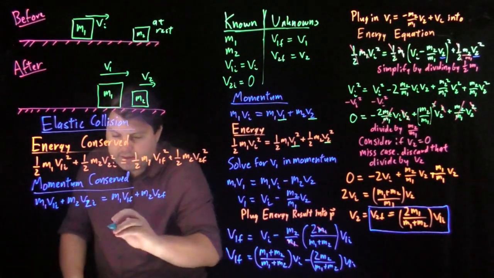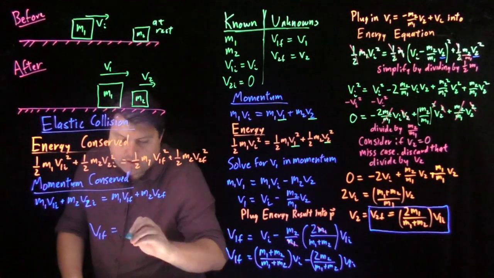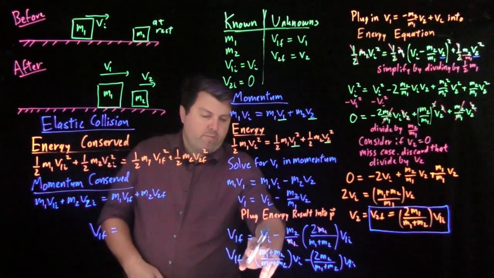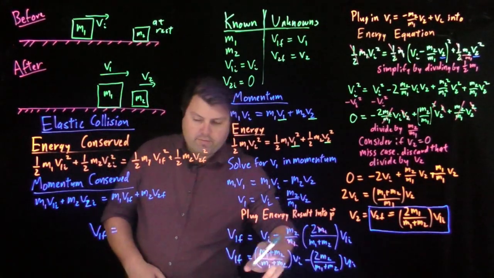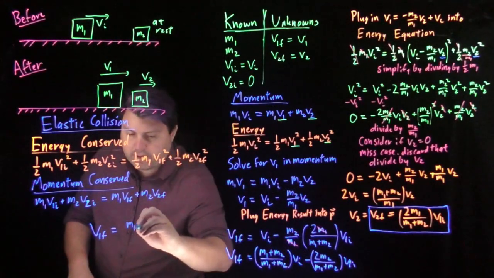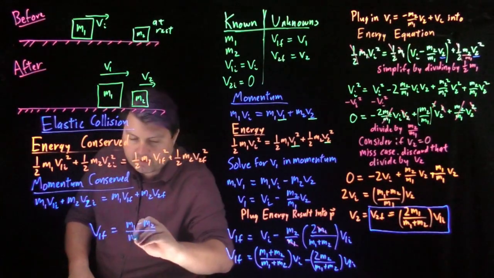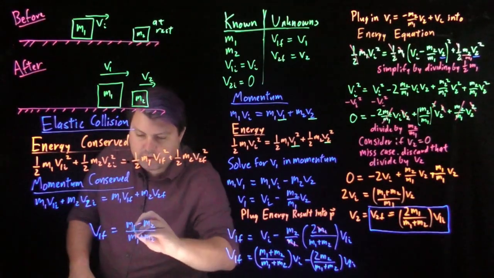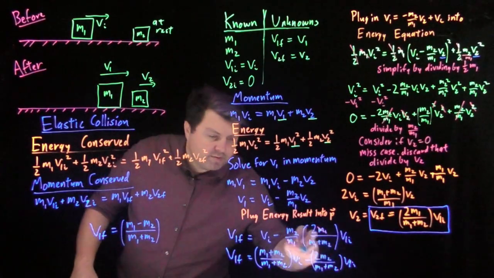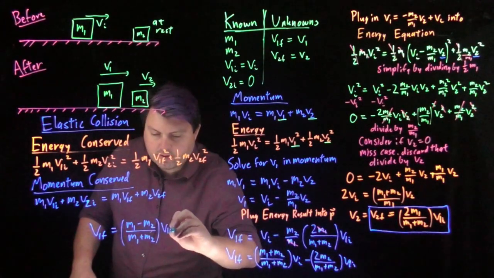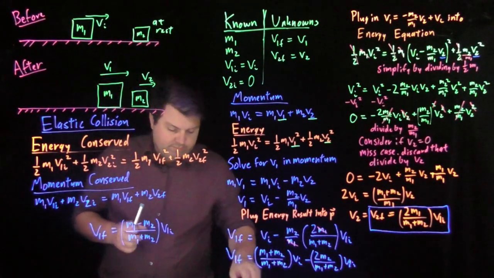So I get then that my V1F is M1 plus M2 minus 2 M2, which is equal to M1 minus M2, over my common factor of M1 plus M2, times my initial velocity, which is also known as V1I.